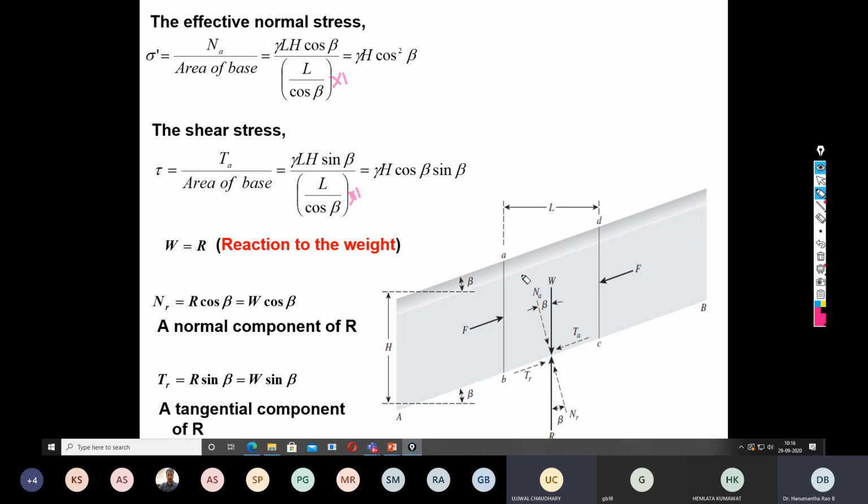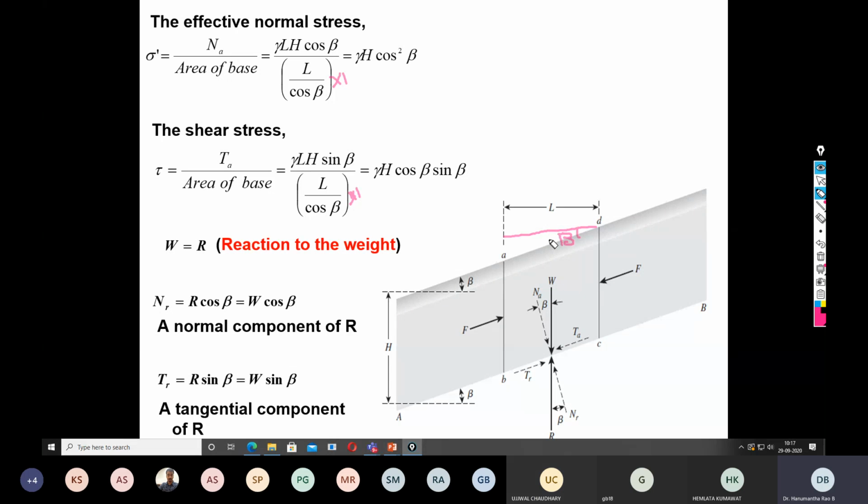L into cos beta is the horizontal. Whatever way you take it, you calculate accordingly.